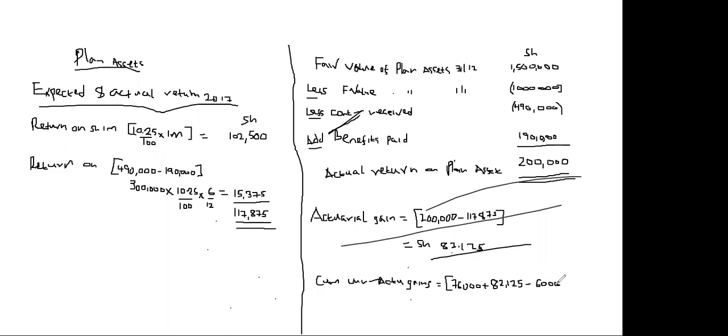And that will give us now the cumulative unrecognized actuarial gains for this particular year.